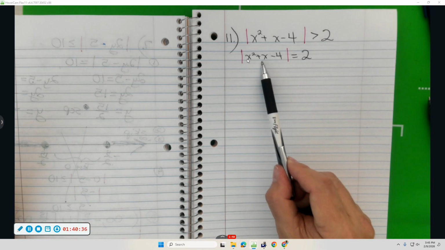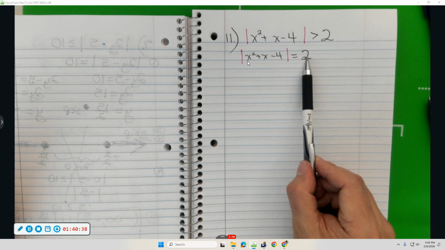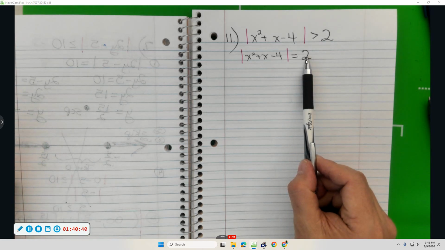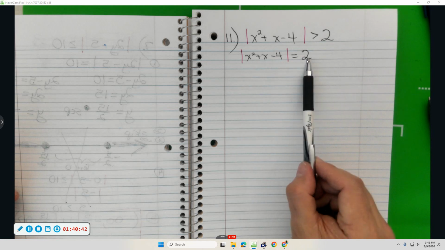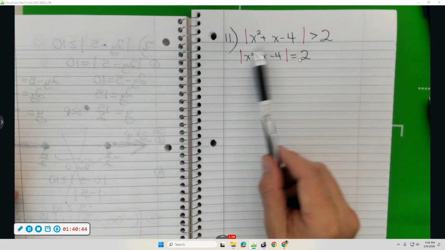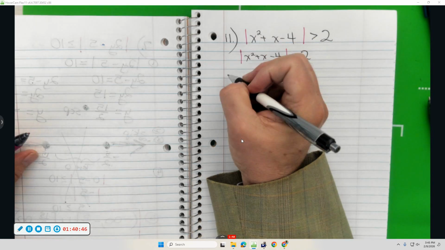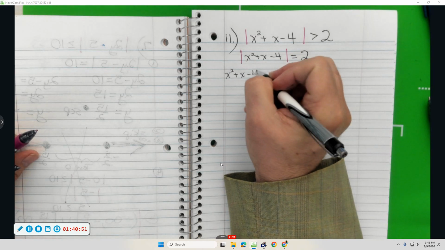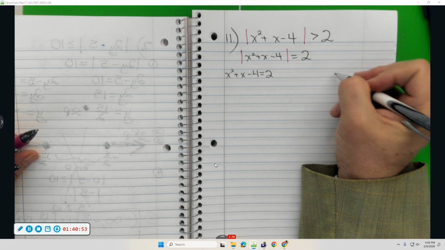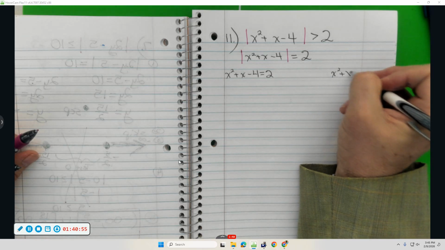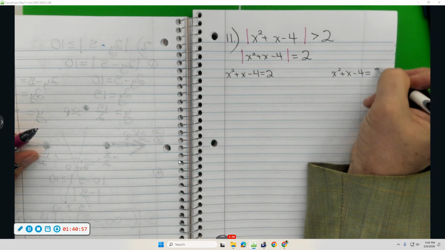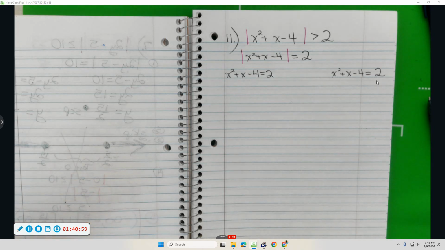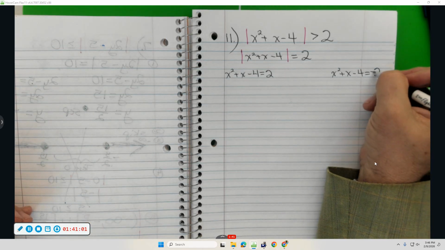So that means the stuff inside there has to be either positive 2 or negative 2. The only way an absolute value can equal 2 is if the stuff on the inside is equal to positive 2 or negative 2.